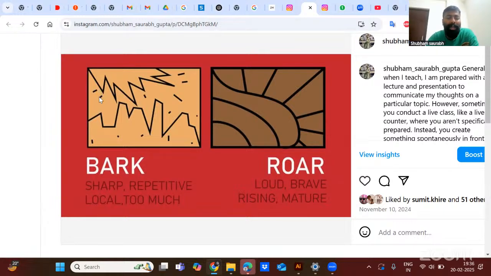You see these little lines also, which is making it too much, like it's noise everywhere. And because the bark is not too shrill, you see these lines are a little stable also. They've got straight lines also. They are sharp, but a little bit with a straight line because it's not too shrill. There's a little bit of bass as well. So this is how we try to represent bark.